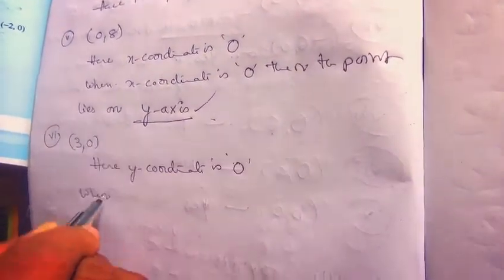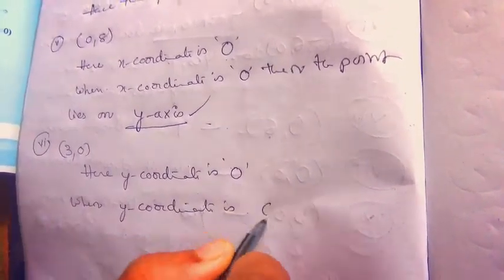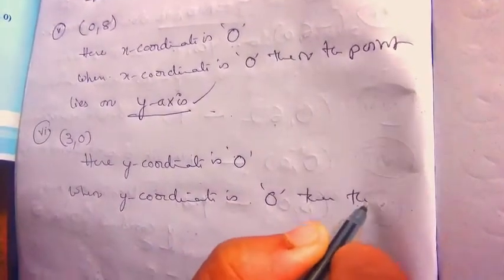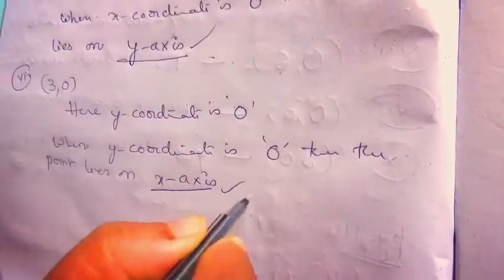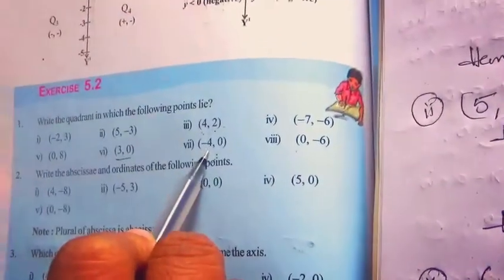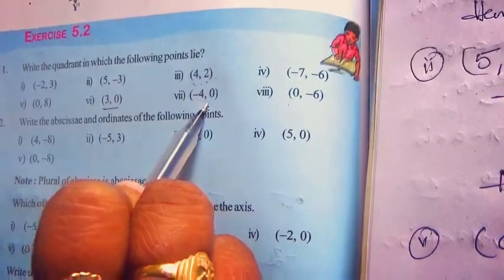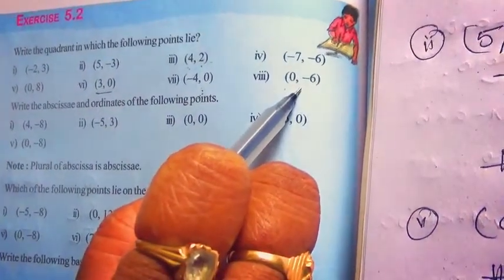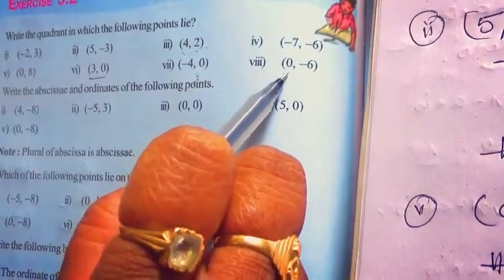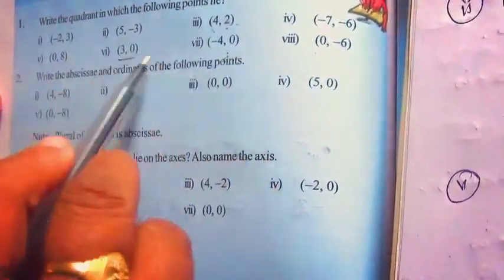When the y coordinate is 0, the point lies on the x-axis. Here it is the answer. Just like this for 2 also. Here the x coordinate is there and the y coordinate is 0, then it lies on the x-axis. Here the y coordinate is there and the x coordinate is 0, hence it lies on the y-axis. Just like this, you finish off this first Roman numeral.